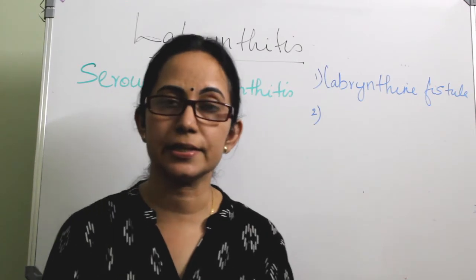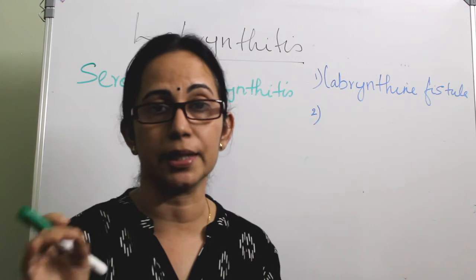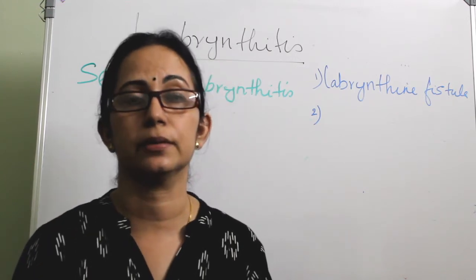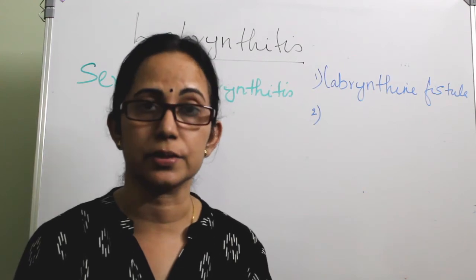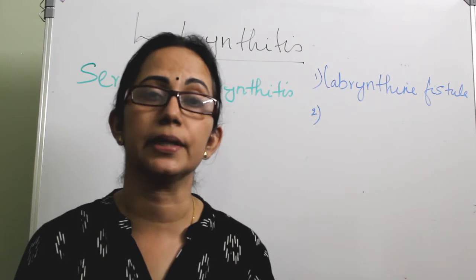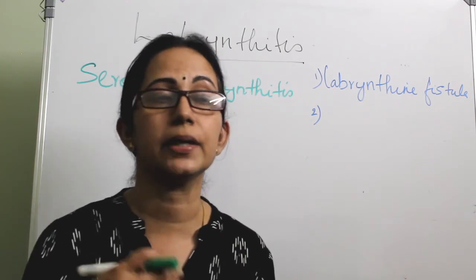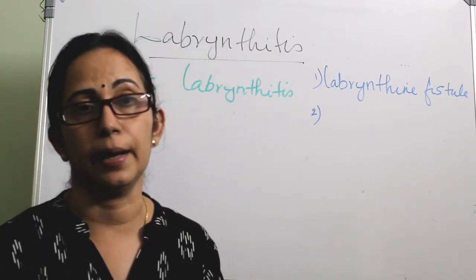Like that, in serous labyrinthitis, inflammation of the labyrinth occurs by bacterial toxins or viral toxins, and also host inflammatory mediators like cytokines, which will penetrate the round window membrane and cause inflammation of the labyrinth.